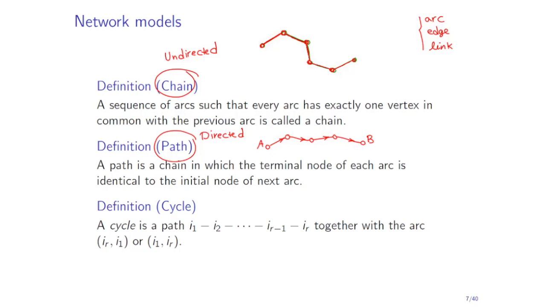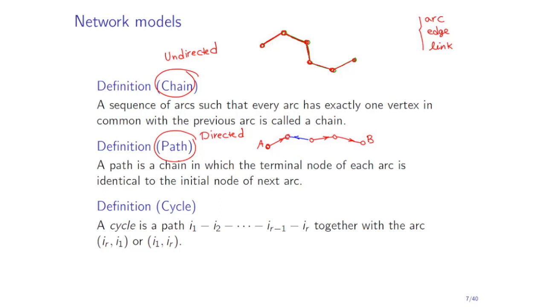But in case I have something like this, this is not a path from A to B, because it is impossible to go from A to B through this path.